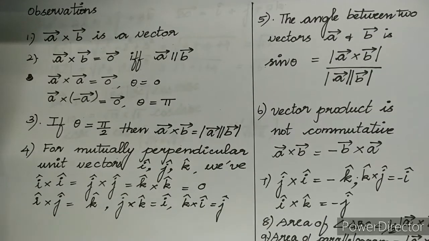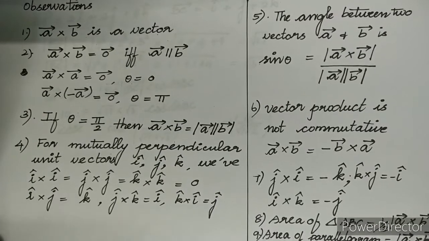Fourth observation, for mutually perpendicular unit vectors i cap, j cap, k cap, we will have i cap cross i cap is equal to j cap cross j cap is equal to k cap cross k cap is equal to 0, and also i cap cross j cap is equal to k cap, j cap cross k cap is equal to i cap, and k cap cross i cap is equal to j cap.